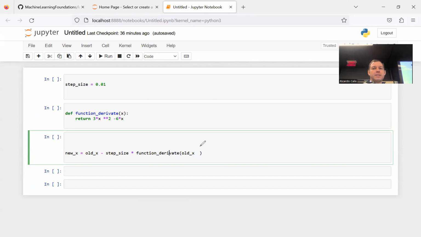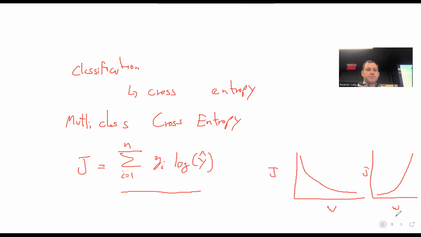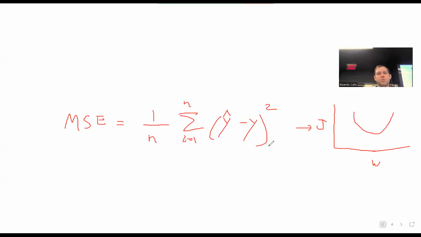What I mean by that is this. I'll probably do this in MSE, which is a little bit easier to visualize. In MSE, what is y real? It's just a value, right? But what is y hat? Who can tell me? And where does that come from?